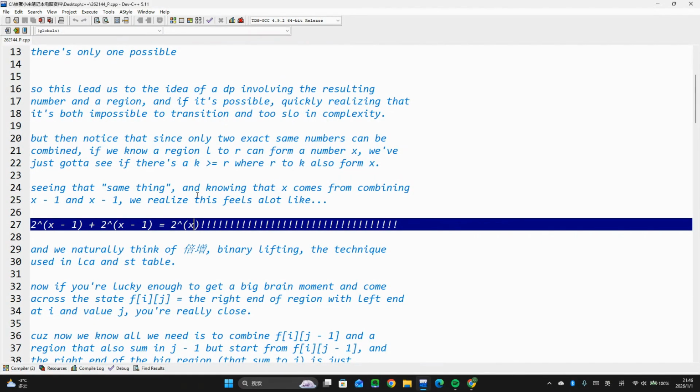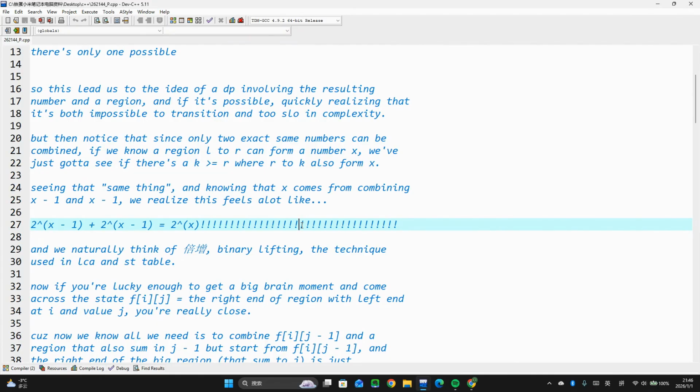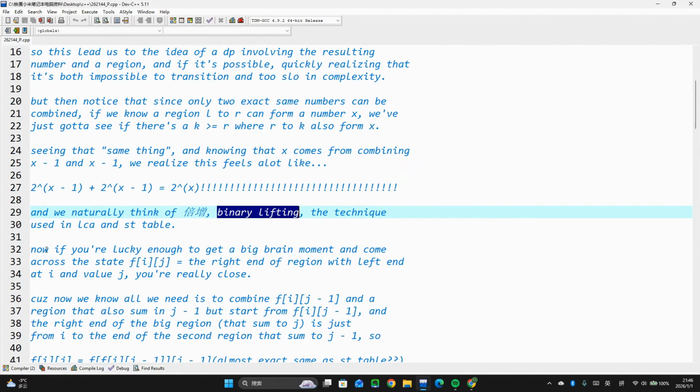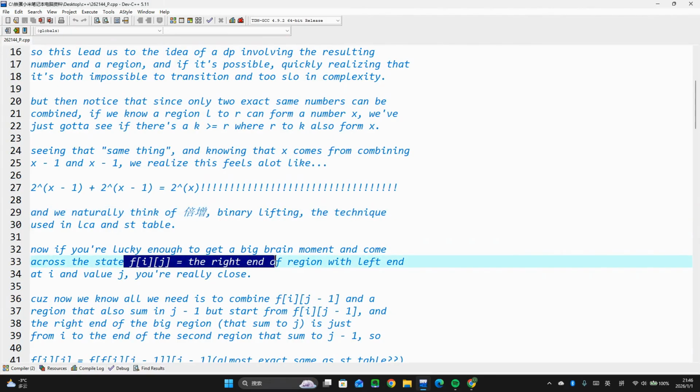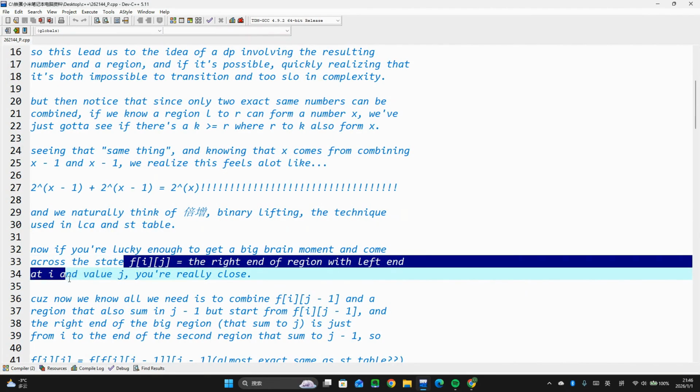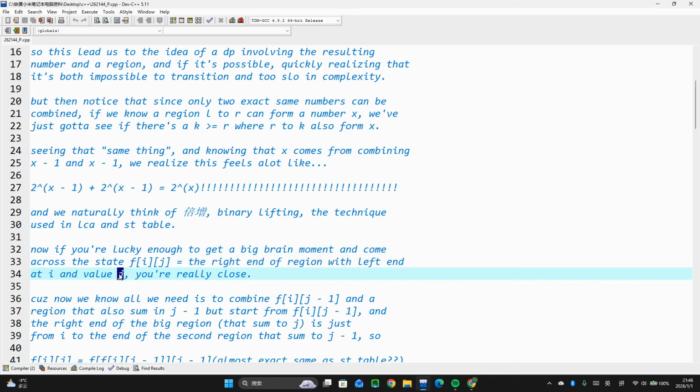We can't really calculate this by transitioning like a regular DP. We need something a little more innovative, some version of binary lifting that we've never thought of before. In this case, the state is F[i][j] equals the right end of the region with left end i and value j. That also implies whether it is possible to make the value j, because if it's 0, then it's not possible, and anything else is possible.